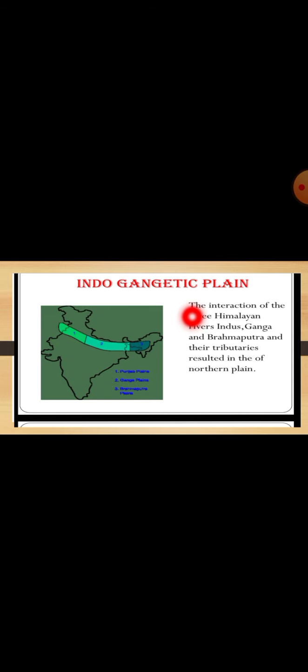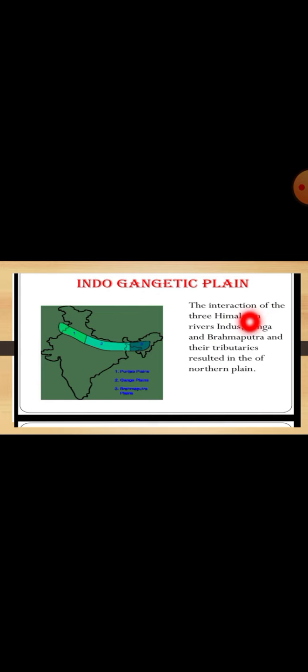Indo-Gangetic Plain. So, second region, Indo-Gangetic Plain. Observe in the map. Number 1 indicates Indus Plain, number 2, Gangetic Plain, and number 3, Brahmaputra Plain. So, these three together we can call the Indo-Gangetic Plain.